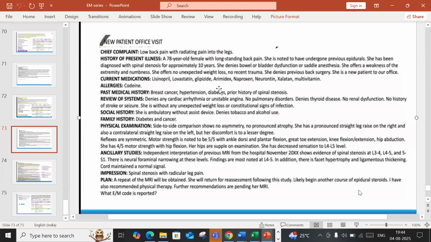One form will be there, that is the CMS 1500 claim form. The billing people working in that department send that form to the insurance company. So by seeing that amount only, the insurance companies give money to the doctors or hospitals.